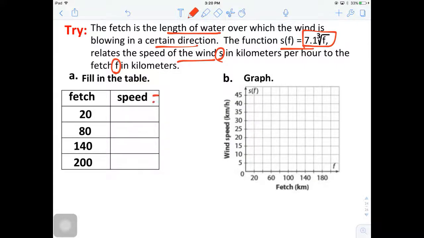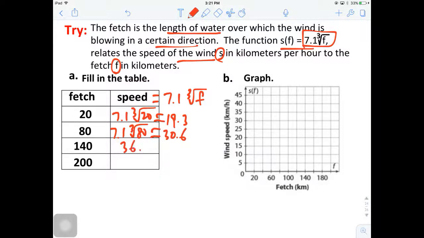So here is the equation, 7.1 cube root of F. The same way, we're going to substitute F equals 20 in the first one, and we should have the answer of 19.3. So verify with your calculator, please, to make sure that you're getting that answer. And we're going to continue the pattern, and you should have 30.6 for the second one, 36.9 for the third one, and 41.5 for the last one.